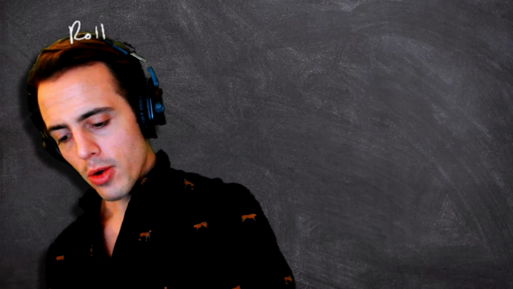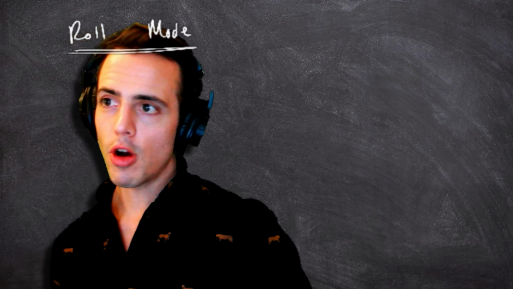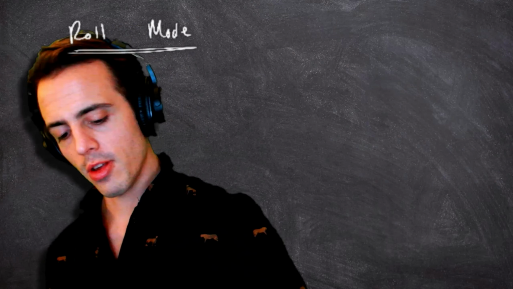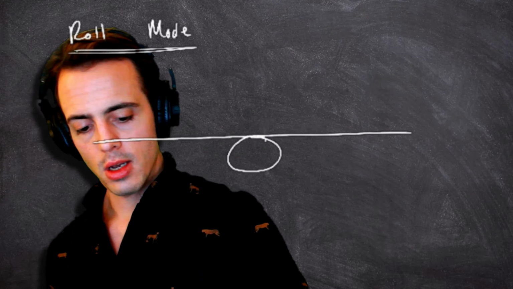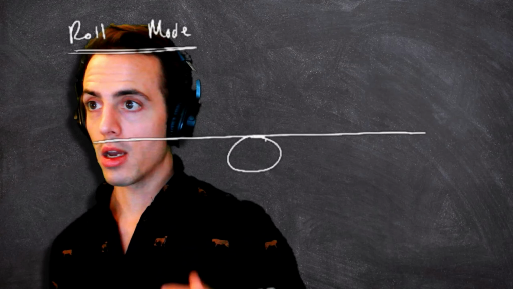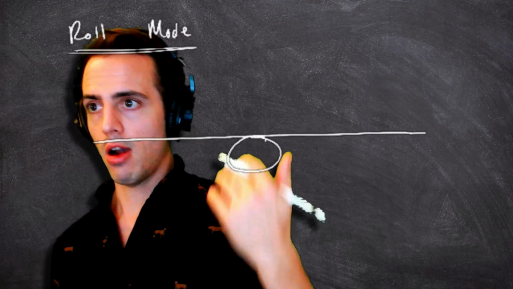Okay, roll mode. Roll mode, and we call it this roll subsidence mode, is just the tendency of the aircraft to stop itself from rolling. And we've already dealt with this a little bit. It was C_lp. So this is our aircraft flying straight towards us.